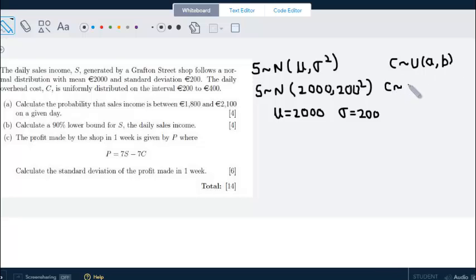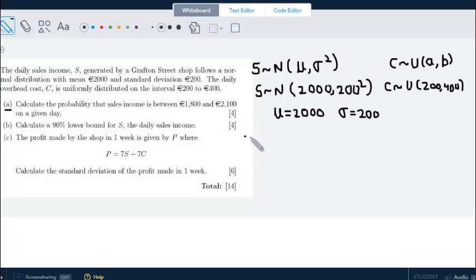And for C the limits are given as 200 to 400. So in this case, let's calculate that later. Let's go to the first problem.